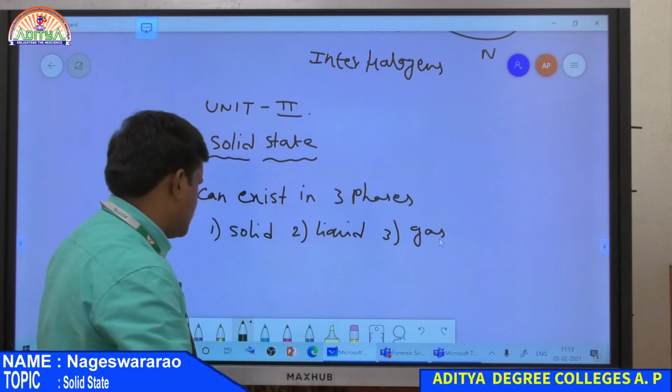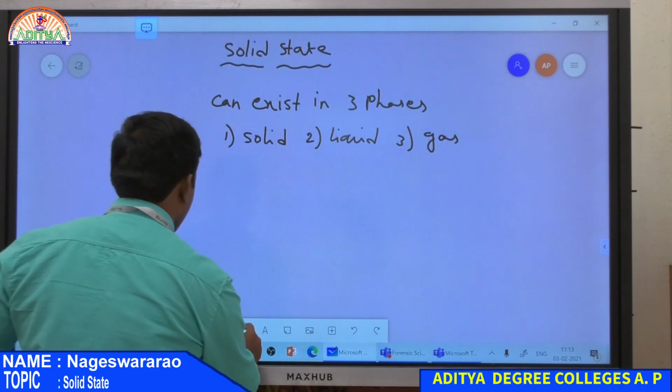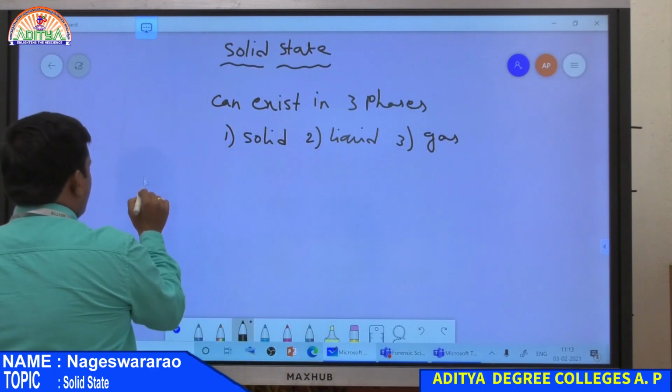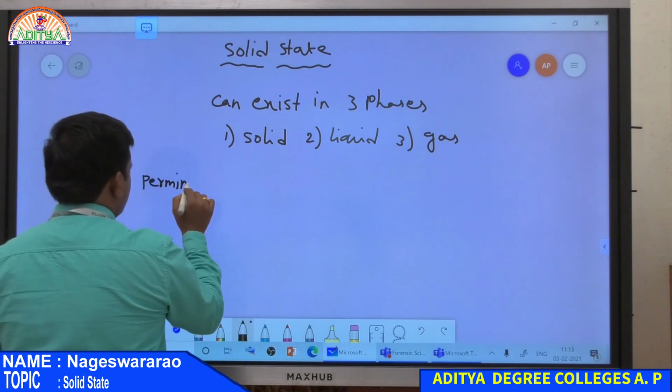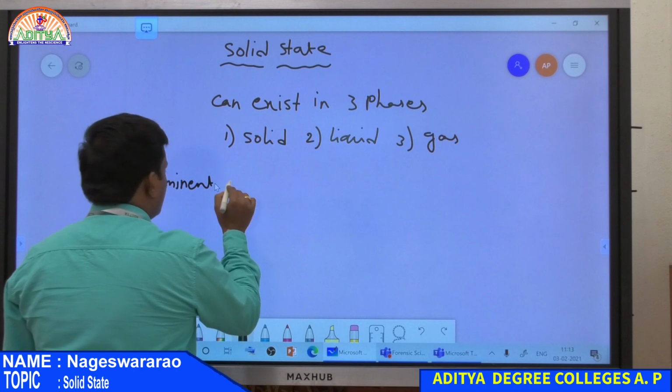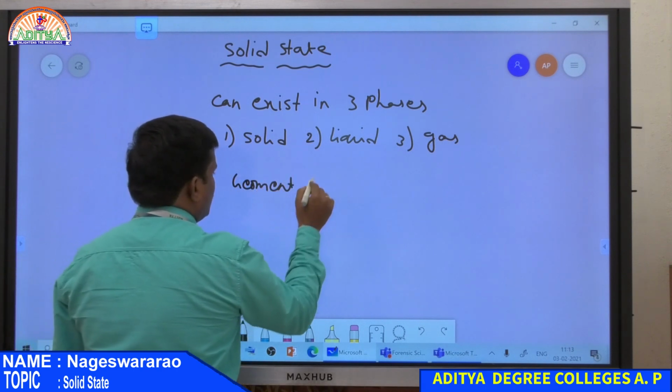Now what are solids? Solids are having a particular or permanent geometry and also volume.